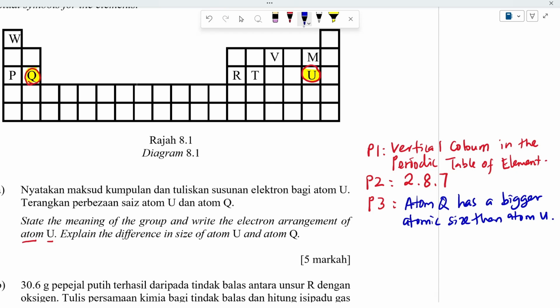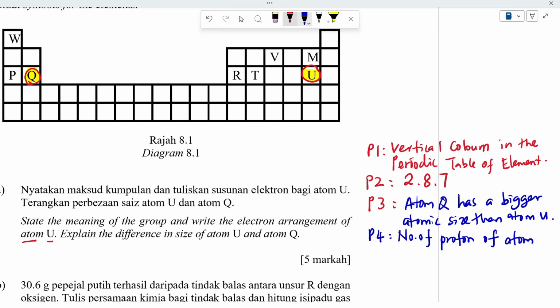Okay, so you have to mention this first. Now point number 4. You need to explain why. Yes, number of protons. You cannot use the short form in the exam. Number of protons of, you want to mention which one?